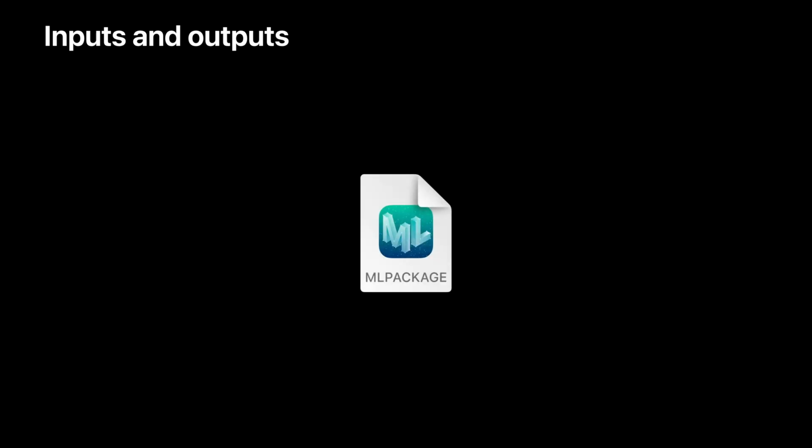Let me start by going over how CoreML handles model inputs and outputs. When you create a CoreML model, that model has a set of input and output features, each with a type and size. At runtime, you use CoreML APIs to provide inputs that conform with the model's interface and get outputs after running inference. Let me focus on images and multi-arrays in a bit more detail.